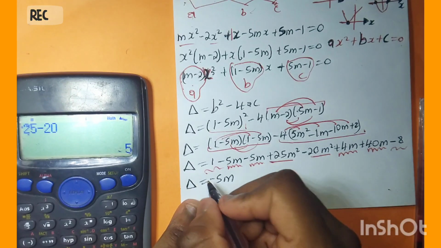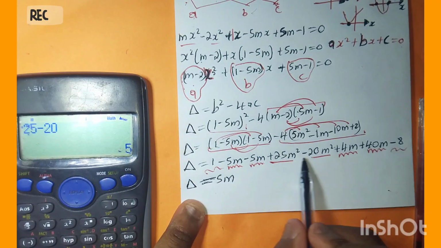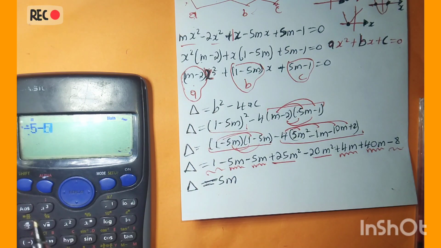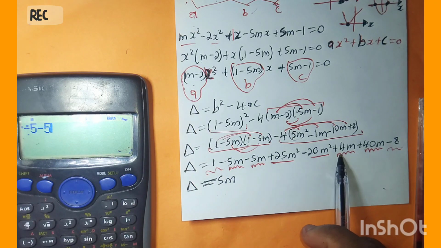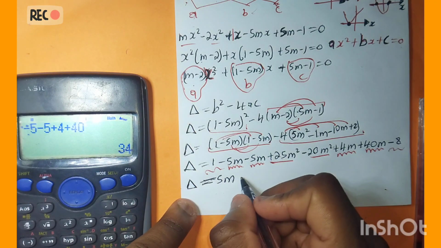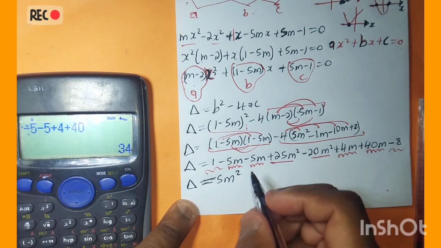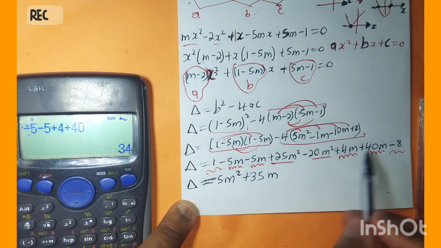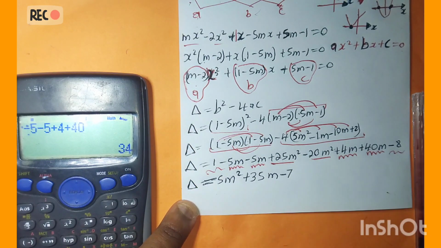Not negative, guys, there it's positive. And what about those ones? Negative 5, positive 4 and positive 40. Here it's squared. For this one I will get positive 35m there. This and that will give me negative 7.